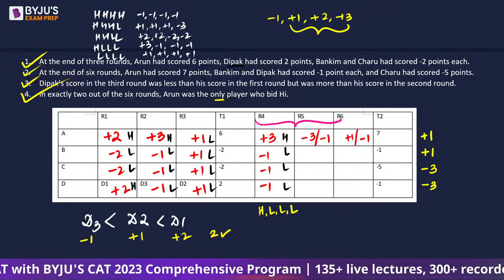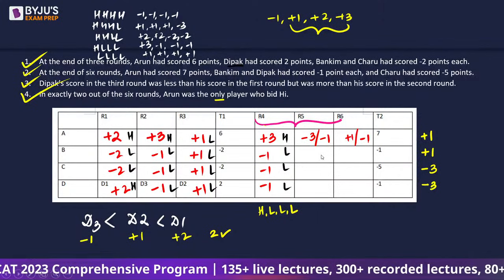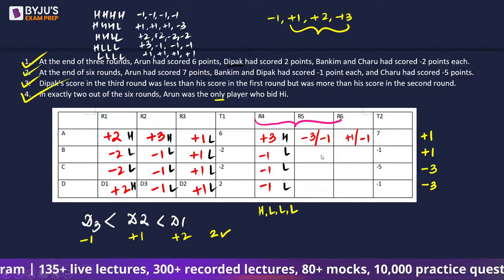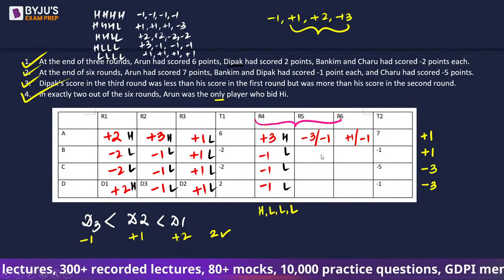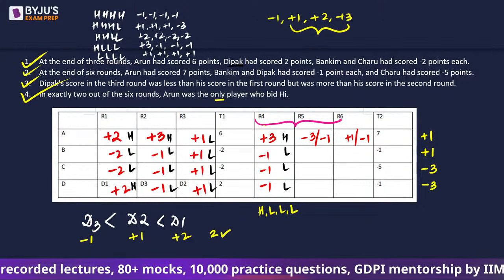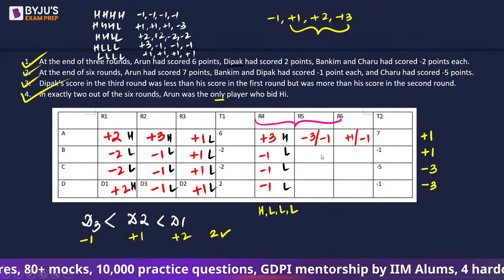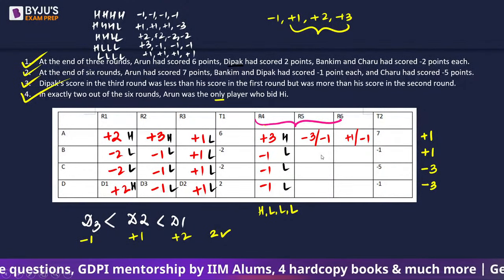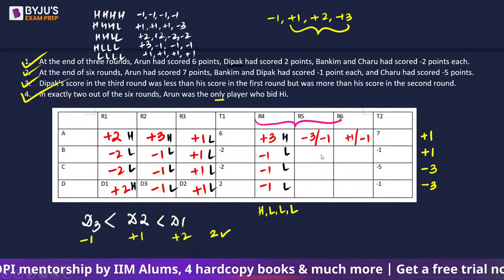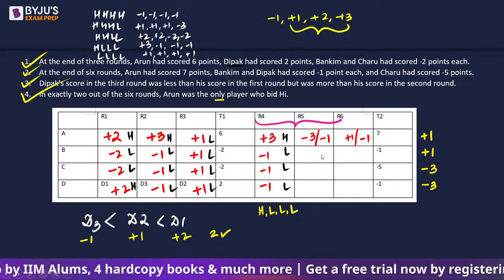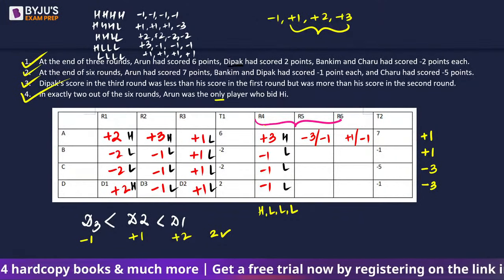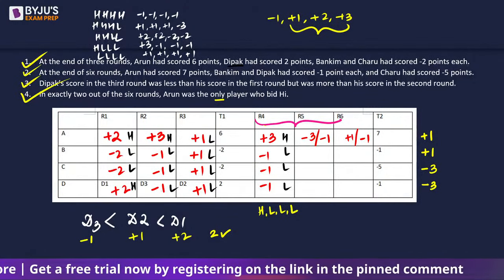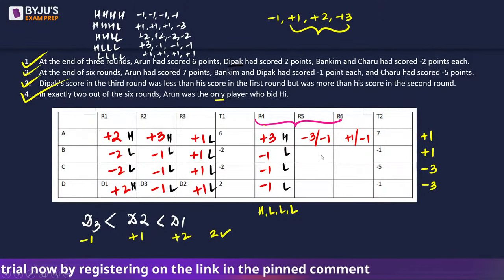Okay, let's look at B now. We need a +1 overall. That means we need to make it +1. We are at -1 right now. So we need a +2. Now +2 we can have by doing +1 and +1.